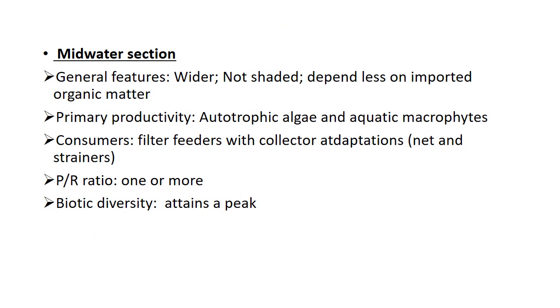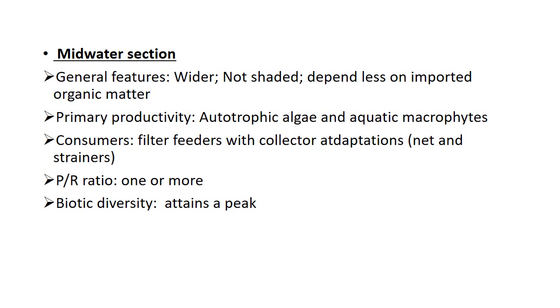In the mid section, the general features are that it is wider, not shaded, and depends less on imported organic matter, due to which the form of life is mostly autotrophic, and algae and macrophytes are present in the wider mid section of the river.